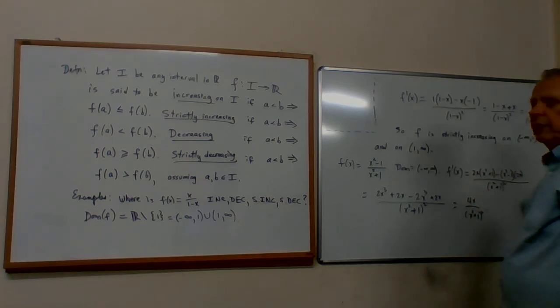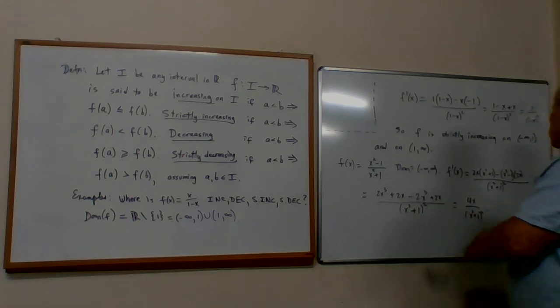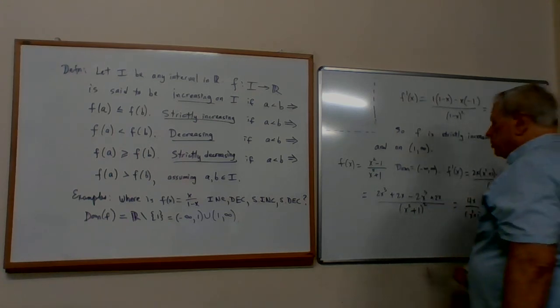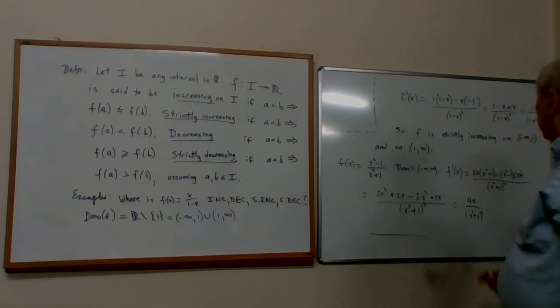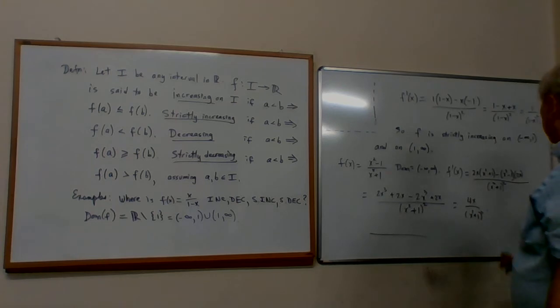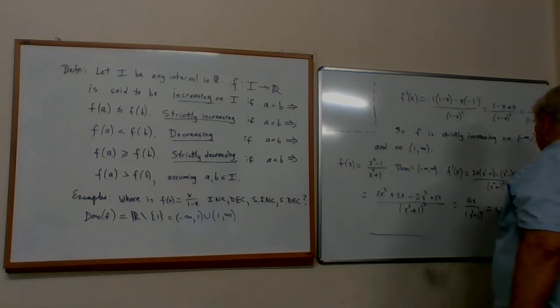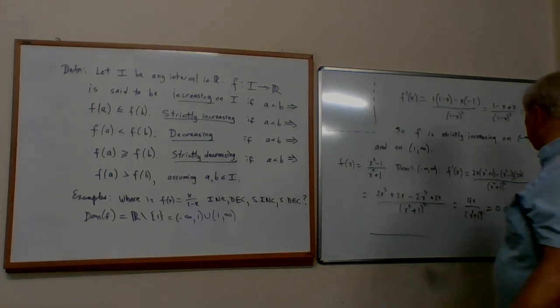The top, however, can be 0, negative, positive. So what you do is you find the critical points. It's obvious that the only critical point here takes place at x equals 0. So this equals 0 at x equals 0. And then we use the first derivative test.